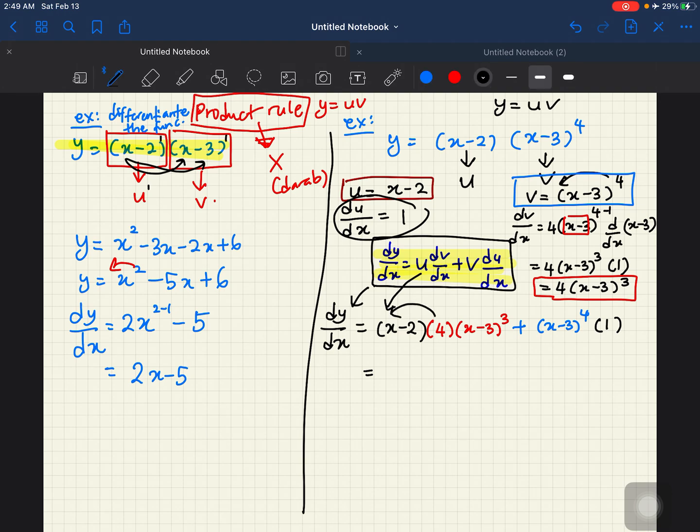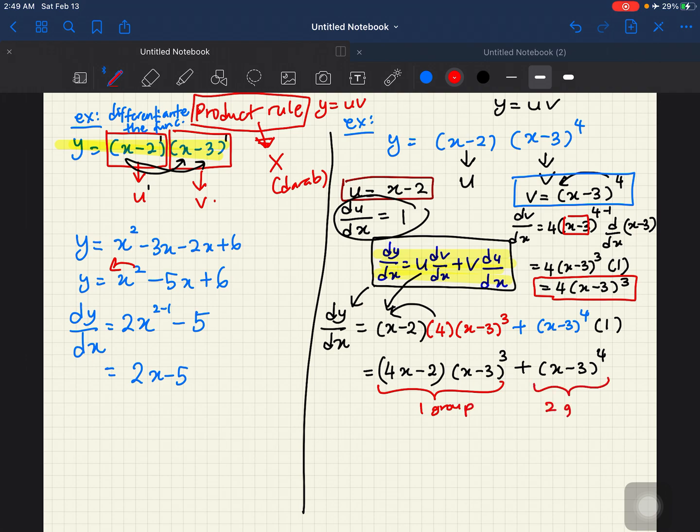So you multiply 4, you get 4 times x minus 2, times x minus 3 to the power of 3, plus x minus 3 to the power of 4. Now, this is one group, and this one is another group, the second group.